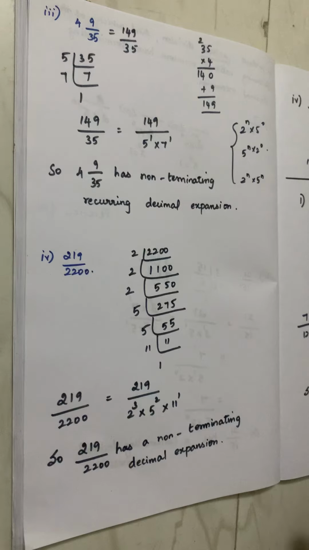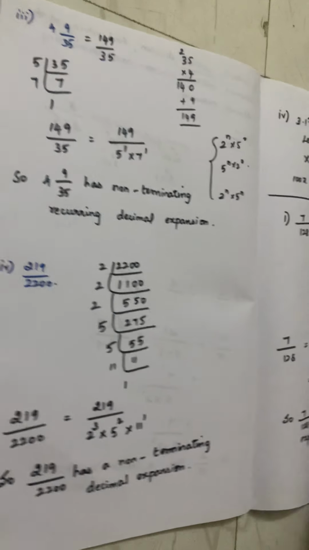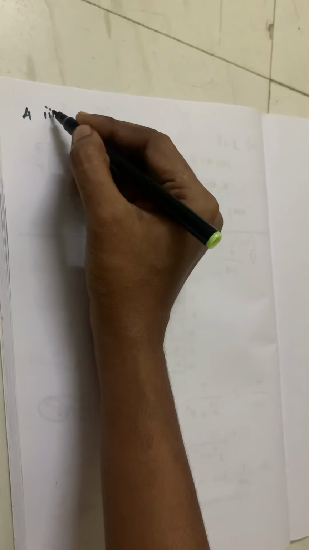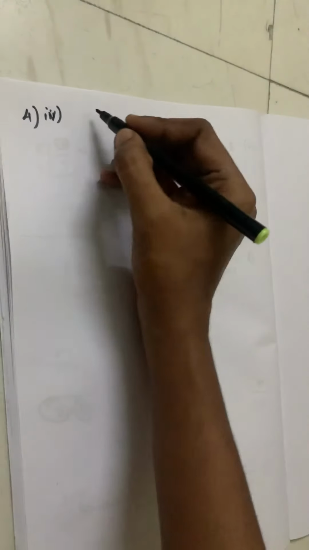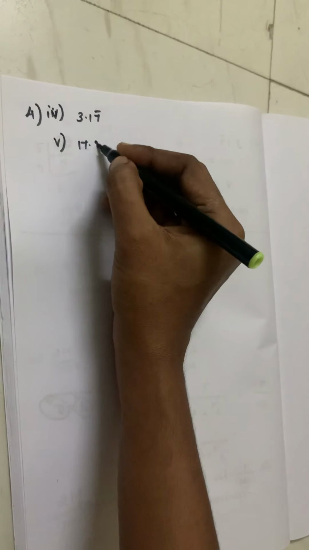With this the exercise is over, children. I am going to give you 3 homework sums. All of you should do them and send them to me. Otherwise your marks will be reduced in this unit test. The homework sums are in the pattern of the fourth subdivision. 3.17, fifth one is 17.215.